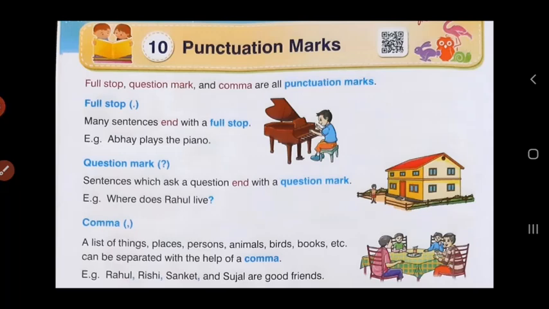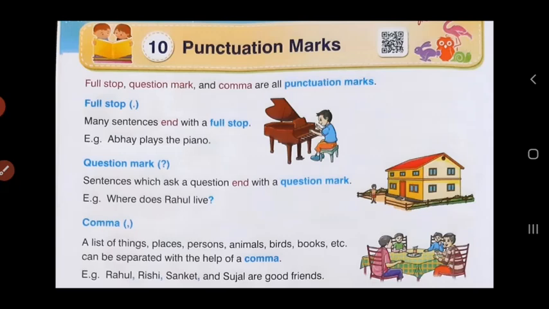Today, we will be doing a lesson in English grammar called punctuation marks. Children, punctuation marks are very important when you learn how to read and write English.